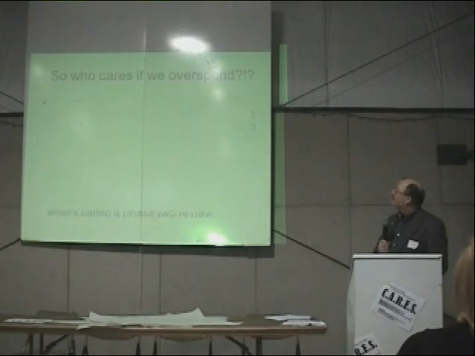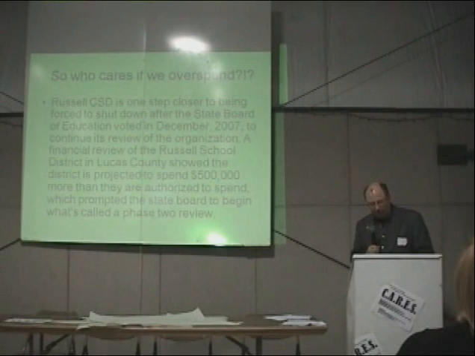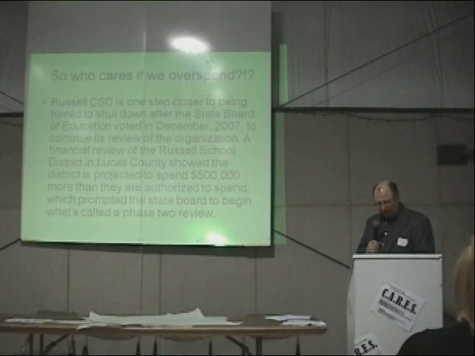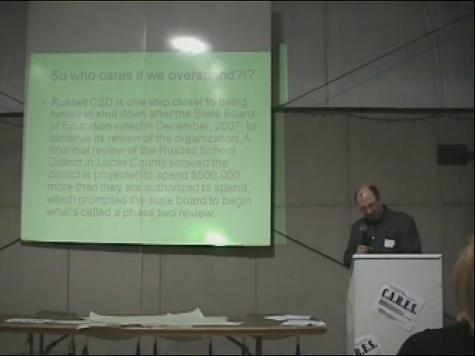Next slide. So who cares if we overspend? An example is Russell Community School District, which is one step closer to being forced to shut down after the State Board of Education voted in December 2007 to continue its review of the organization.